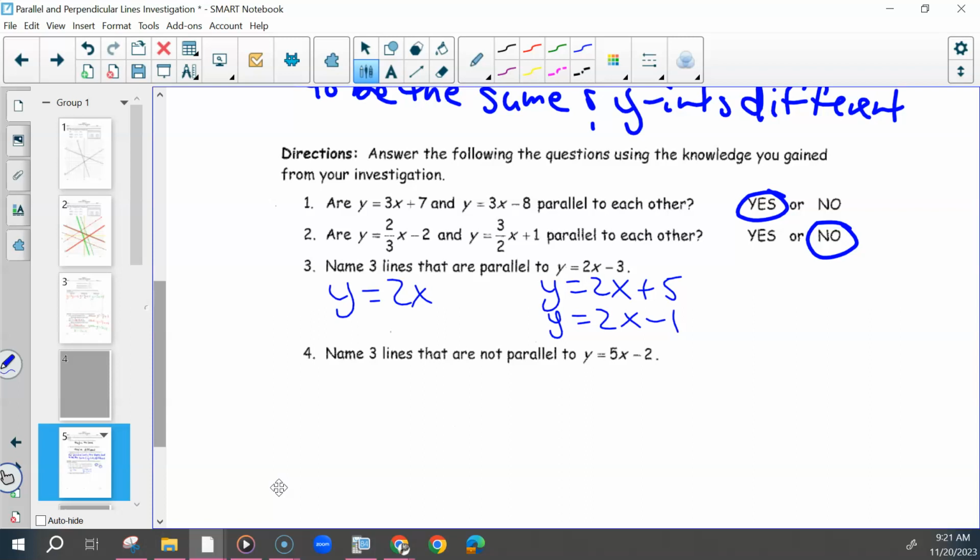Y equals 2x. Okay. You said 2, 3. Need 2 other people to give me another line that would not be parallel to this one. Y equals negative 3x. Sure. 1 more person.